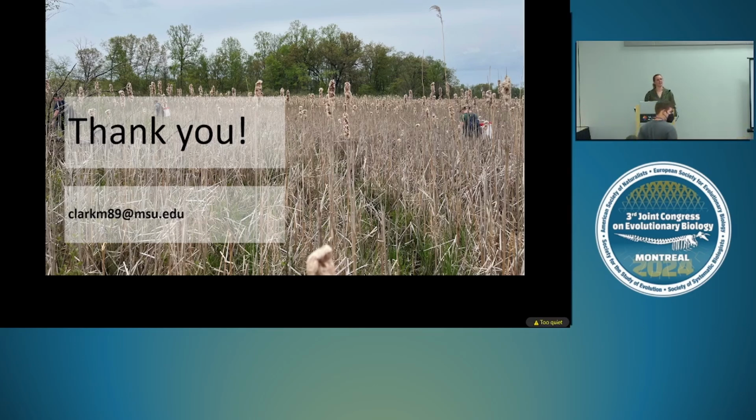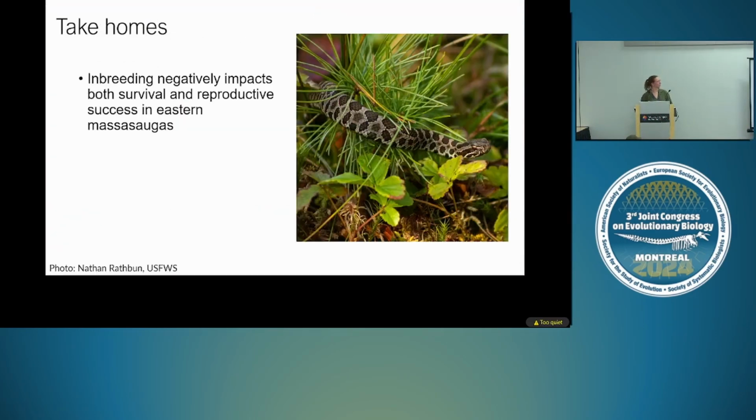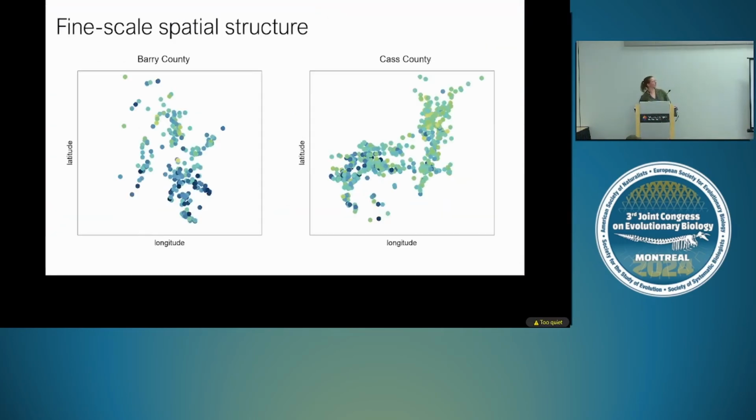I was wondering if you can go back a couple slides to the spatial variation slide with lat long on the axis. It looks like there's a little bit of a different pattern of clustering with Berrien and Cass counties, and different amounts of spatial variation. Any thoughts as to why that is, and why there might be more inbreeding in one part or another?